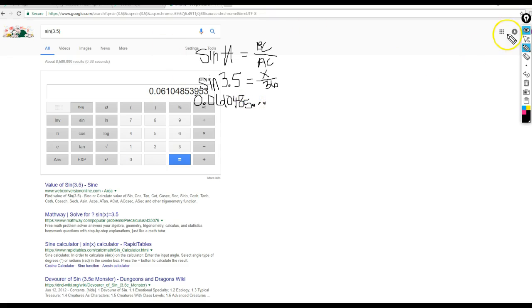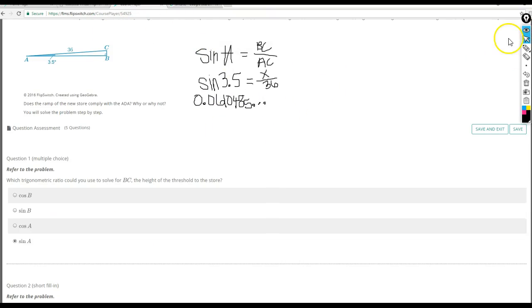I'm technically rounding, which creates an inaccuracy. So a lot of times people will leave it as sine of 3.5. So that number equals x over 36. In order to solve for x, since it's being divided by 36, we can multiply by 36.